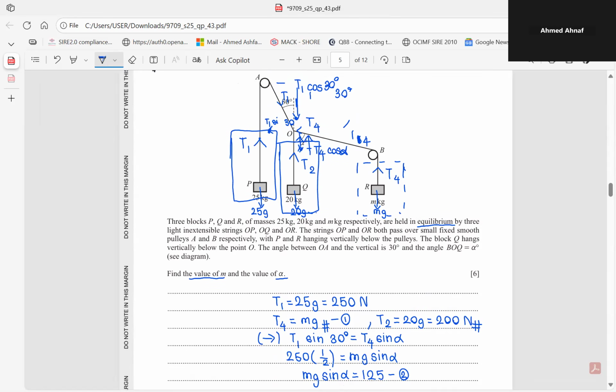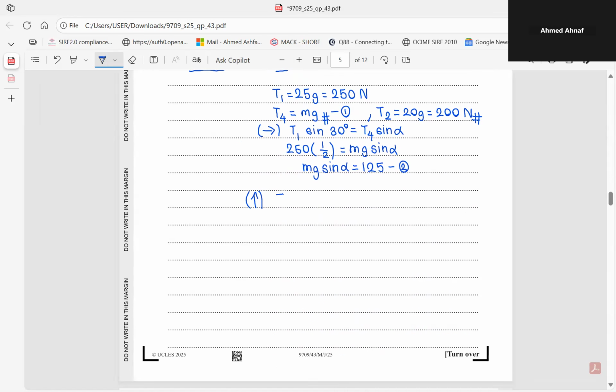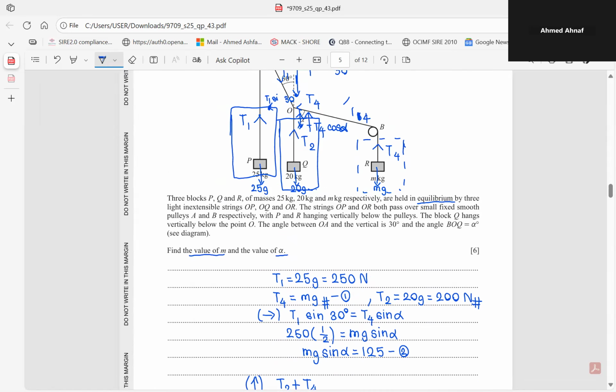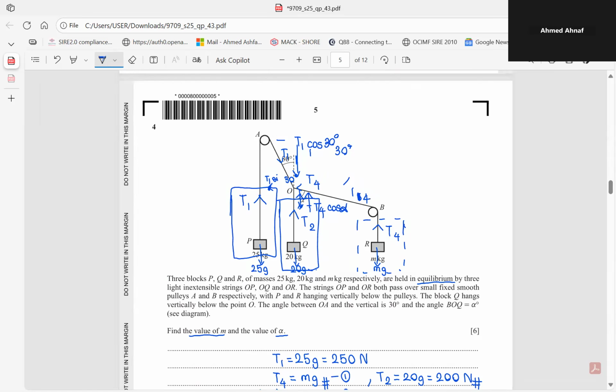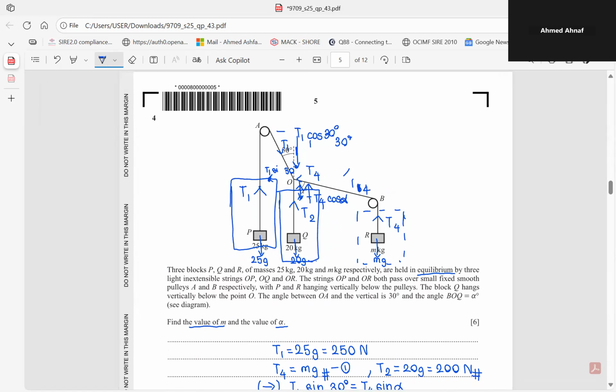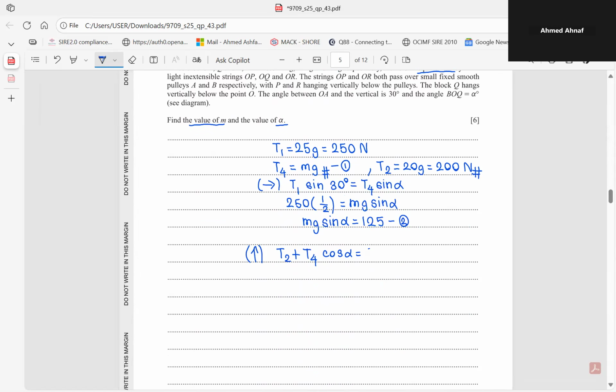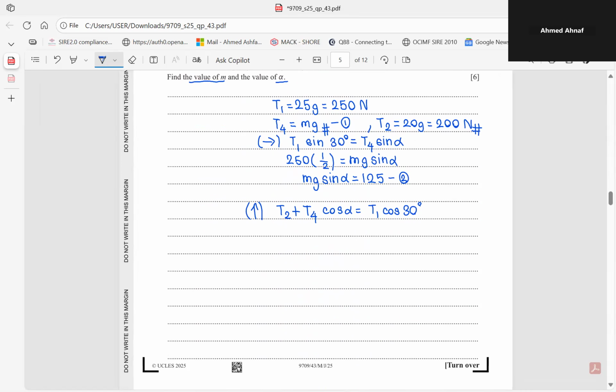So T2 plus T4 cosine alpha equals T1 cosine 30. Okay, now let's substitute everything.